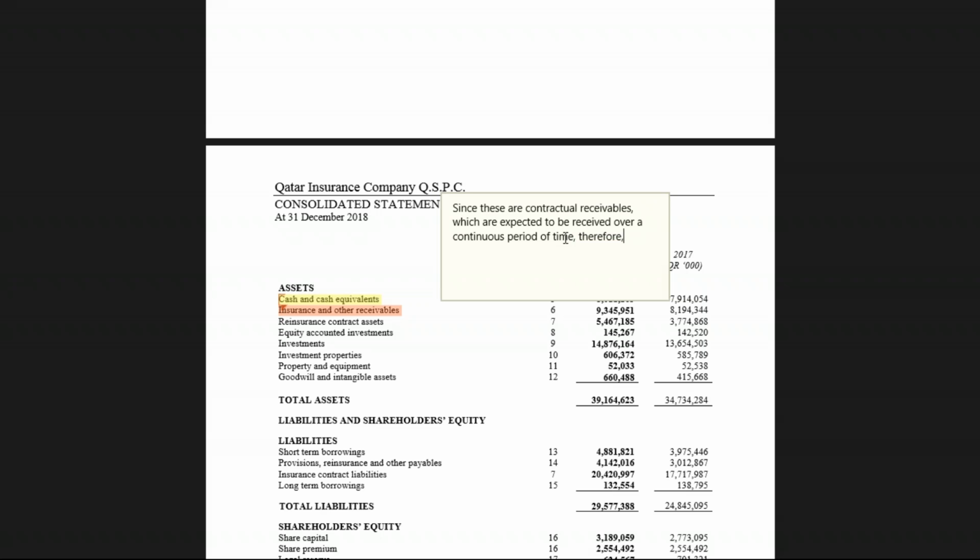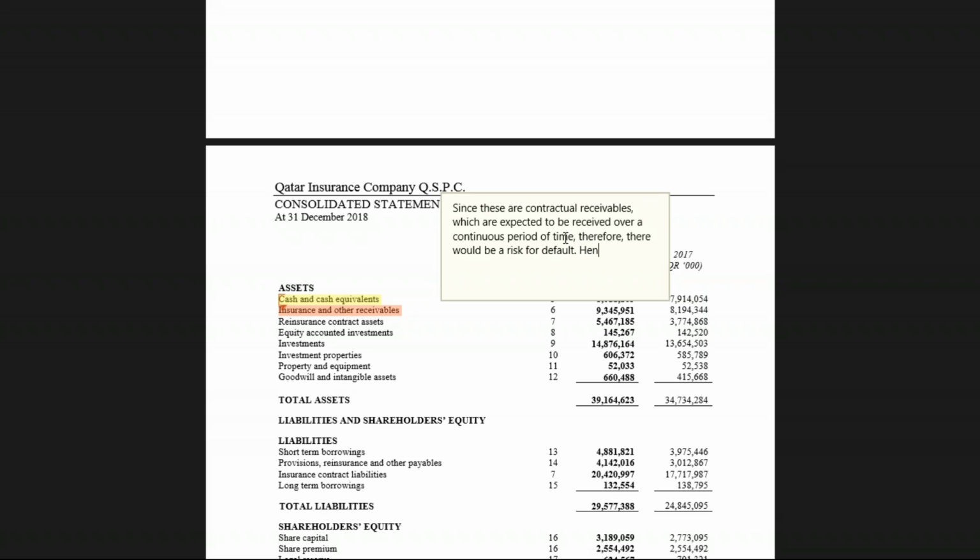Therefore there will always be a challenge, and there would be a risk of default.